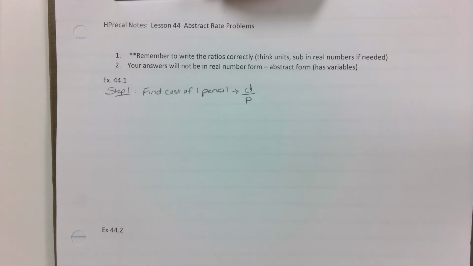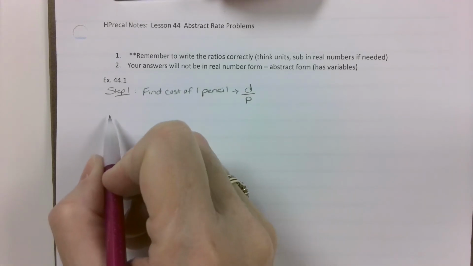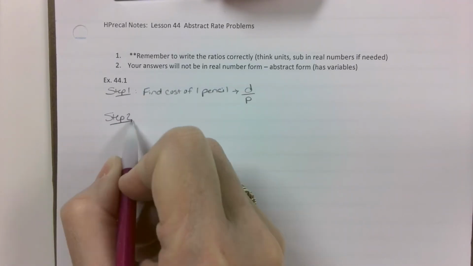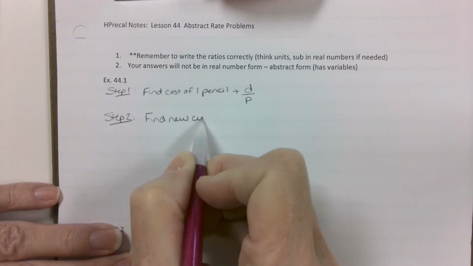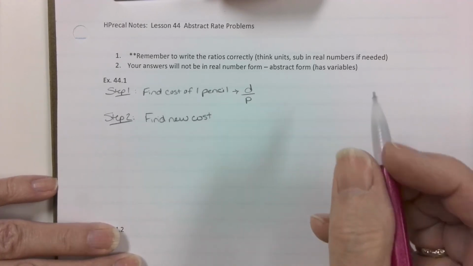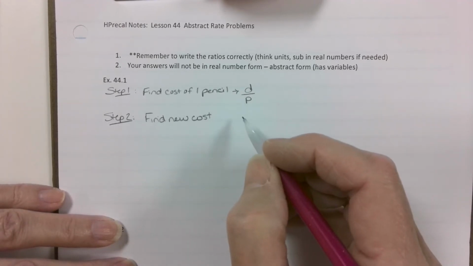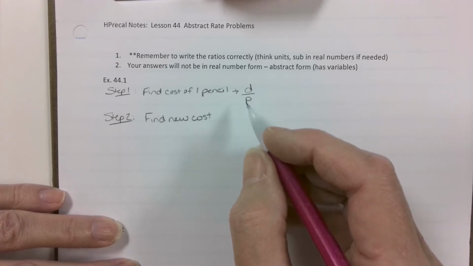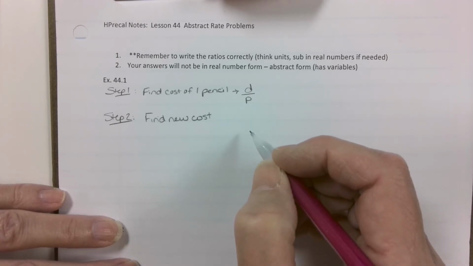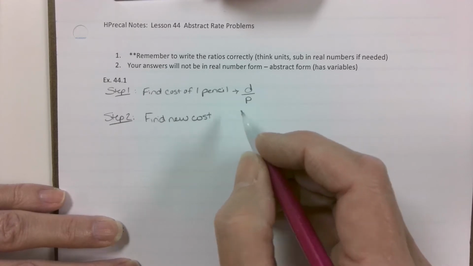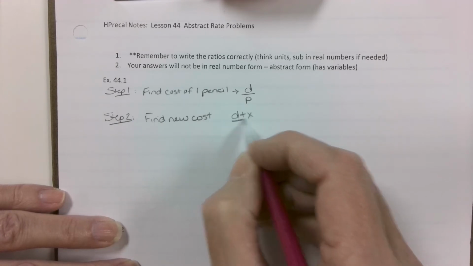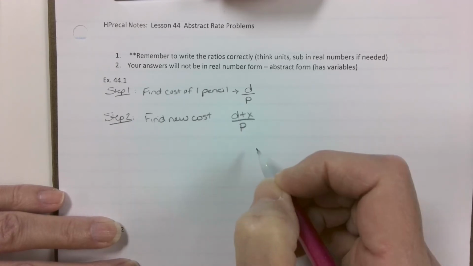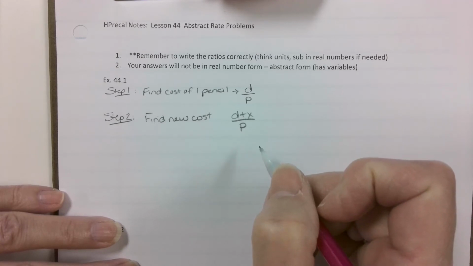It said then if the pencils had cost X more dollars. So step 2, we want to find the new cost. So what they're saying is if all of the pencils together, it says if P pencils had cost X more dollars, so X more total dollars, so that's D plus X is the amount of money, and then divide that by the number of pencils, P, and that is how much one would be under the new system.